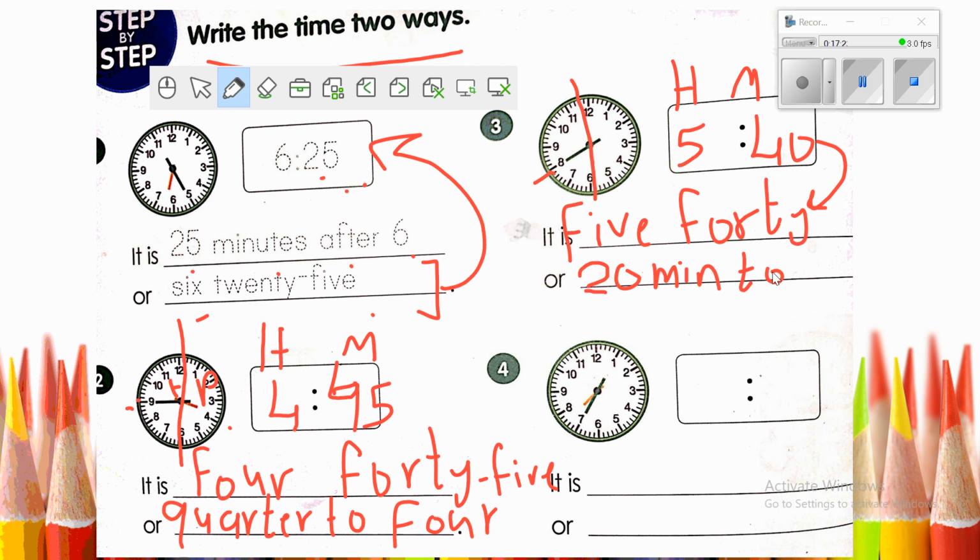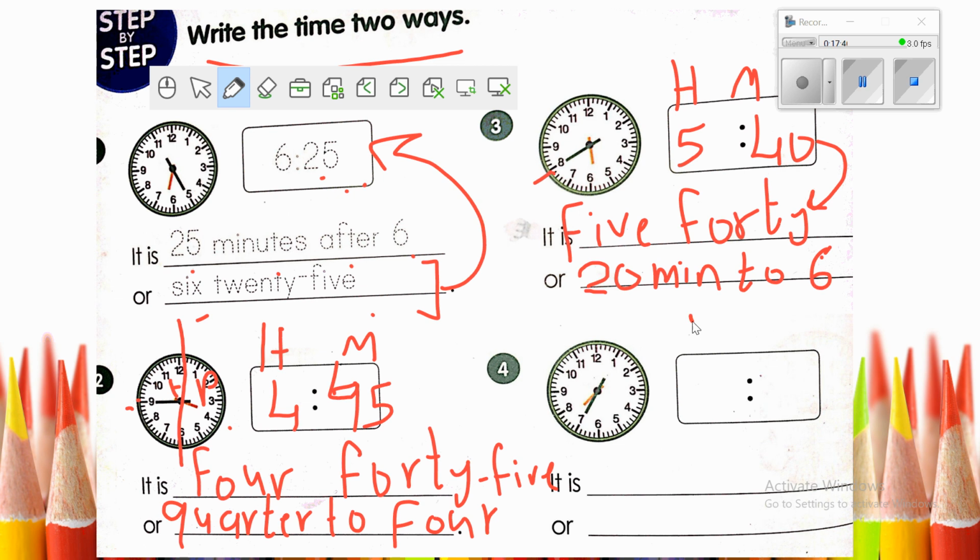What is after 5? Perfect, 6. So it's 20 minutes to 6. Perfect. Let's see number 4 now.